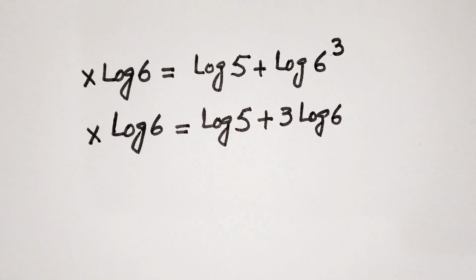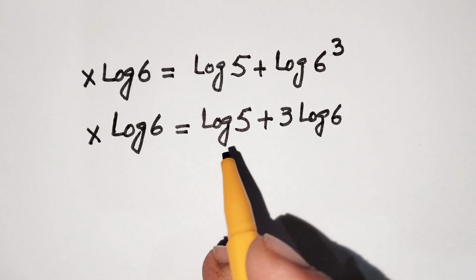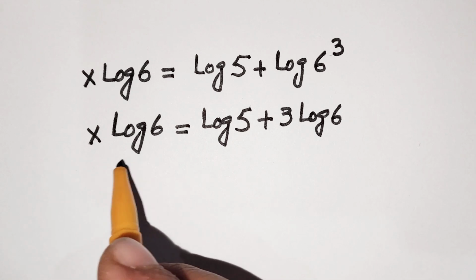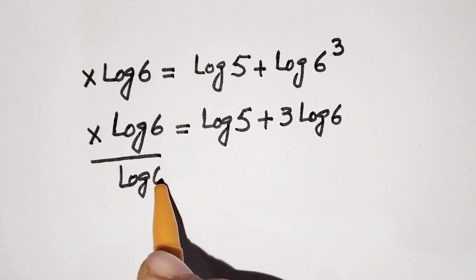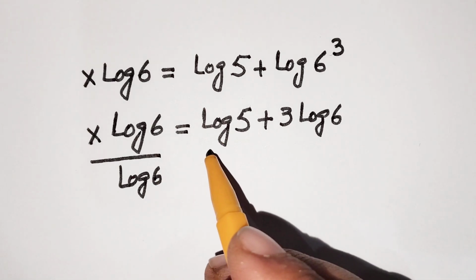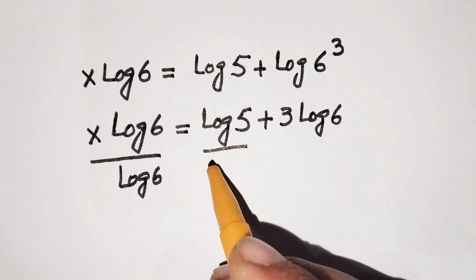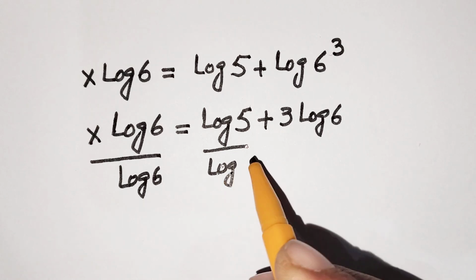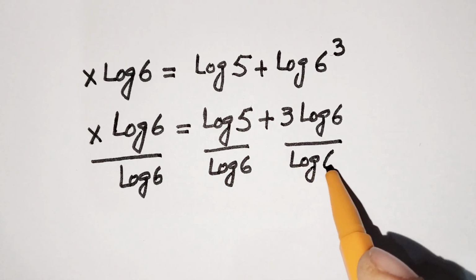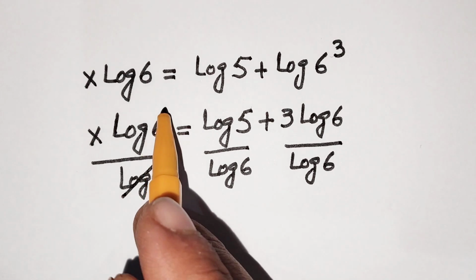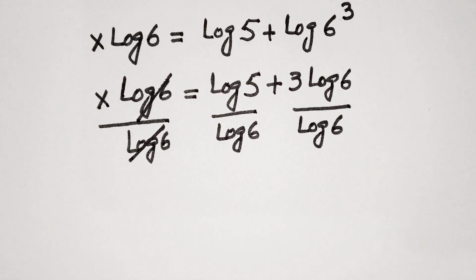Now dividing both sides by log 6, we can write log 6 individually on each term. Here we can cancel log 6 on both sides.